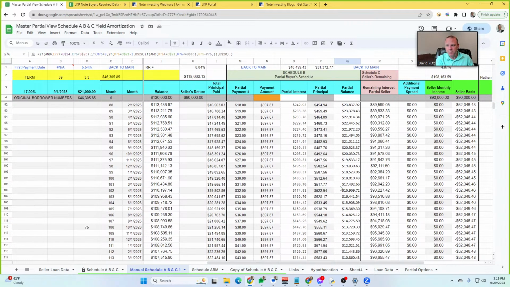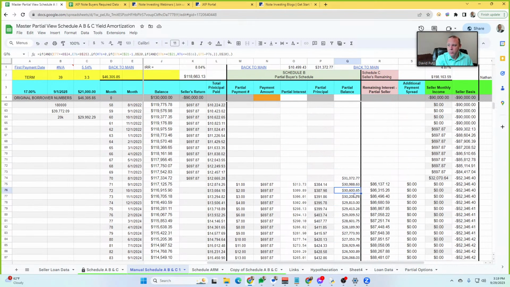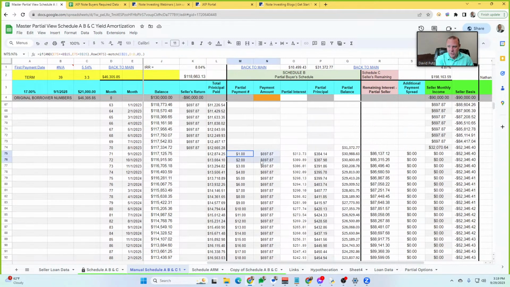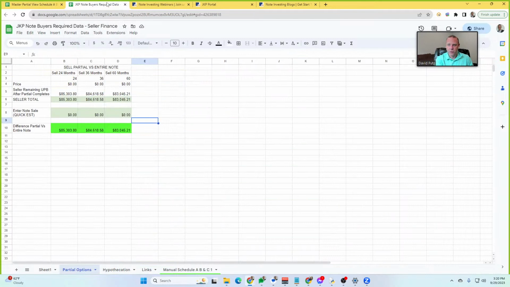If the partial buyer wants to get bought out or something changes, we have a great situation to be able to sell the loan to a partial buyer and then get him out anytime. And we know what the balance of his loan is. This is the amortization schedule for 60 months at 12%. That easy. So when we make offers to our partial buyers, our sellers, we want to give them options.